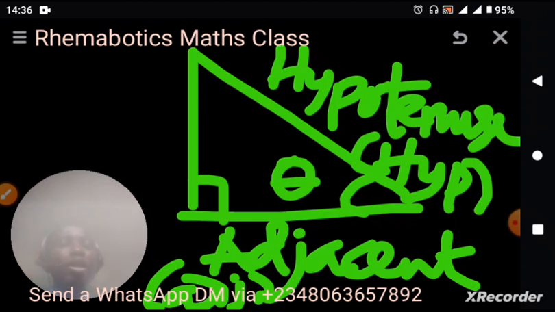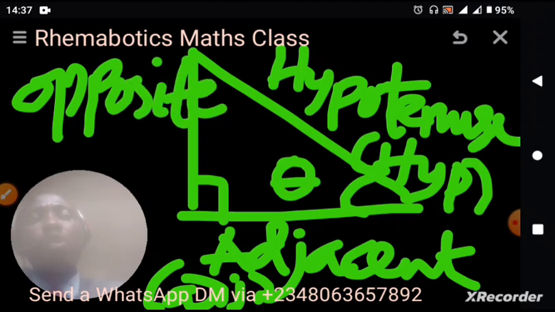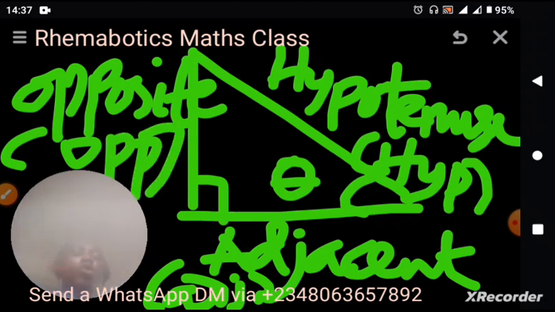And finally we have the opposite side, which is opposite to the angle in focus. We use OPP to represent it. If you go back to the video, you will now understand where the HYP, the OPP, and the ADJ are coming from.